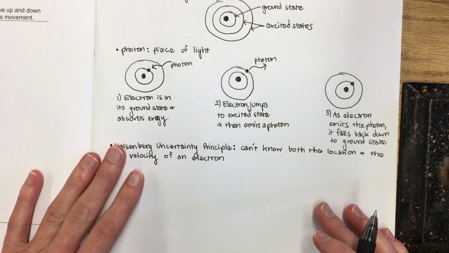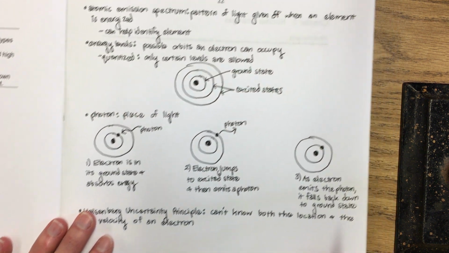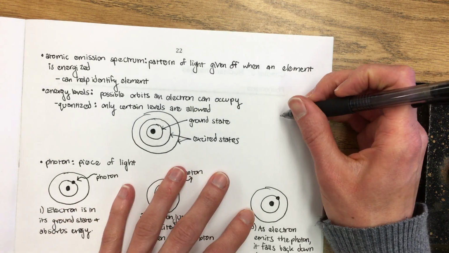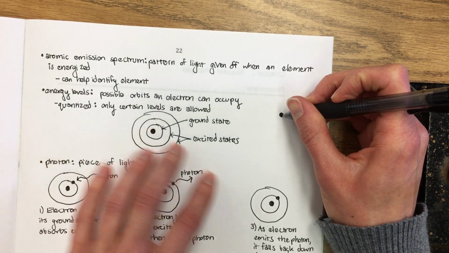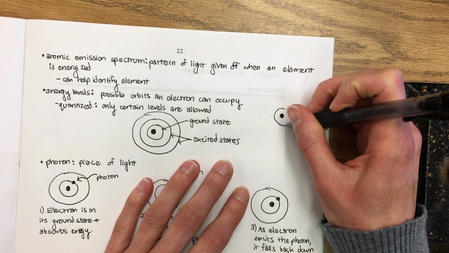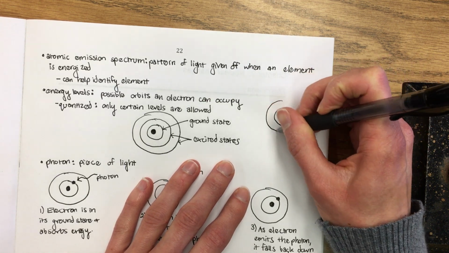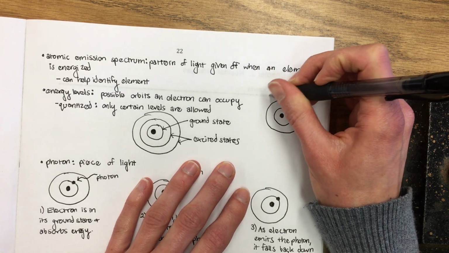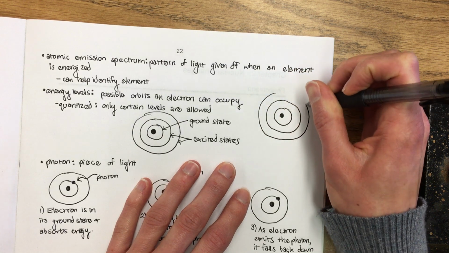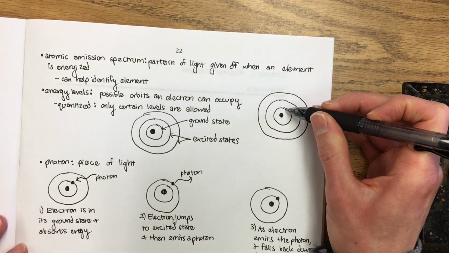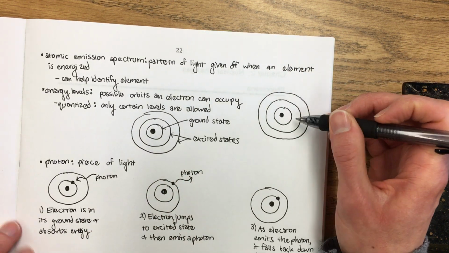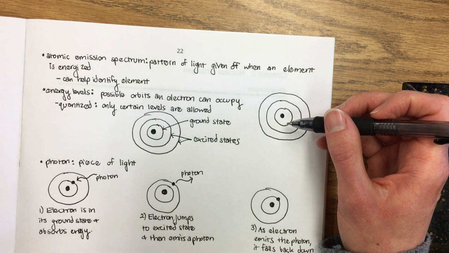So the first thing I want to do is I'm going to just come up here in this little space and draw an atom that looks a lot like this one, with 3 circles, 3 energy levels around it. So each of these energy levels we are going to call a principal energy level.